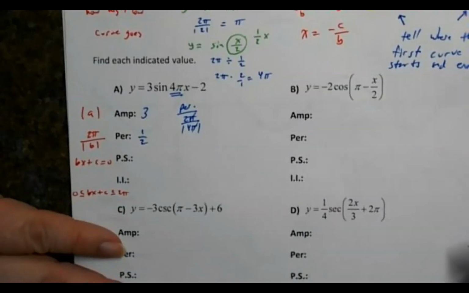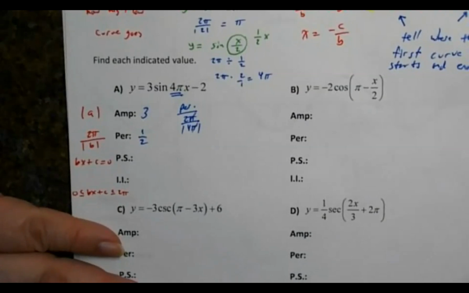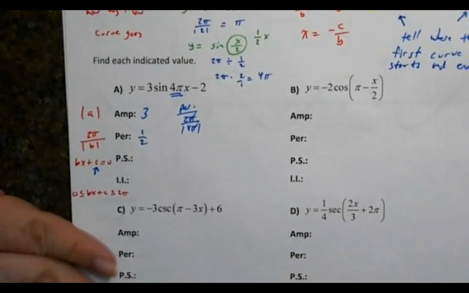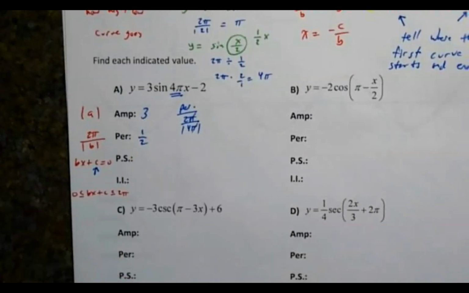Phase shift. Here's a real simple way to determine if there is a phase shift in the first place. The C term. If there is no C term, then there is no phase shift. Let me go back to Desmos real quick and show you that. Here's Desmos. Here's the C term.